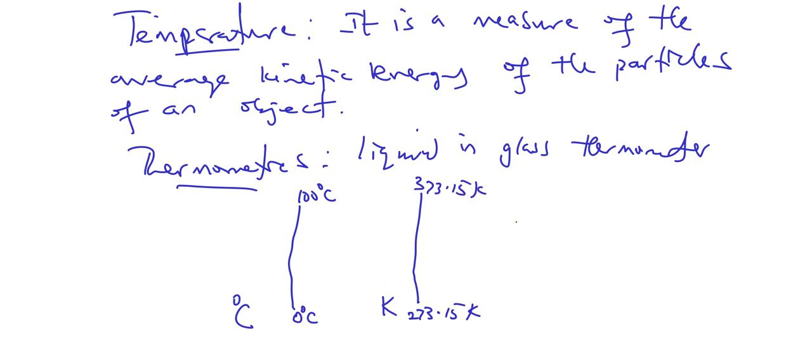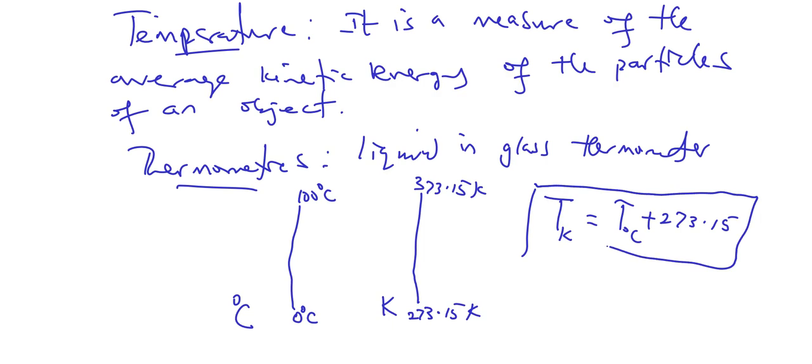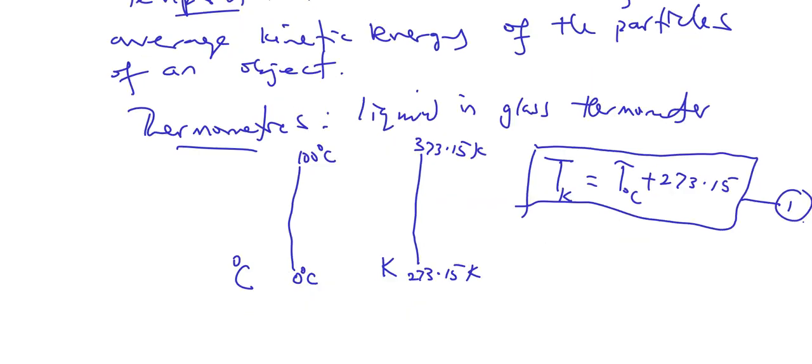So you can easily derive a relationship between the Celsius scale and the Kelvin scale. The temperature in Kelvin is the temperature in degrees Celsius plus 273.15. If you know the temperature in degrees Celsius, you can easily determine the temperature in Kelvin using this expression. Let me tag it as equation 1.